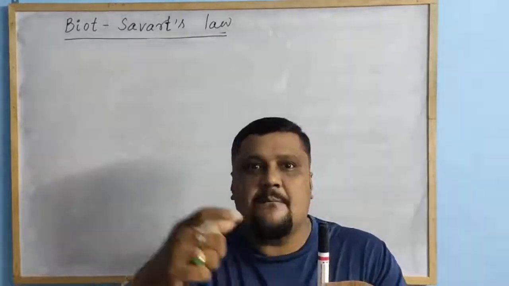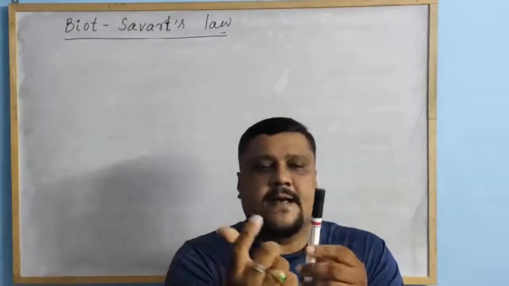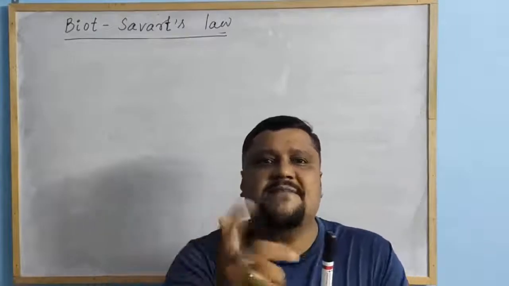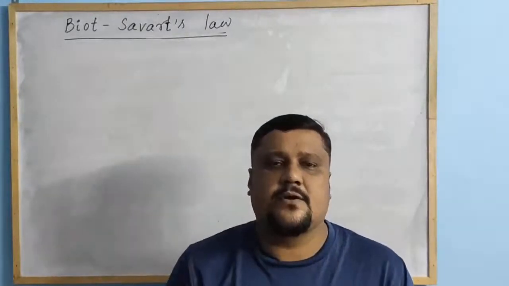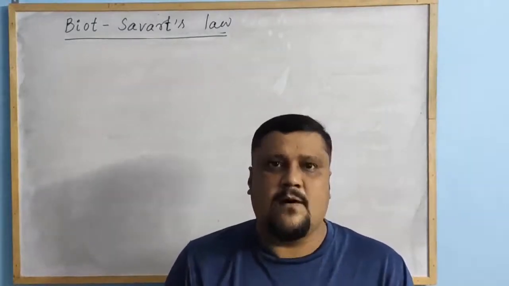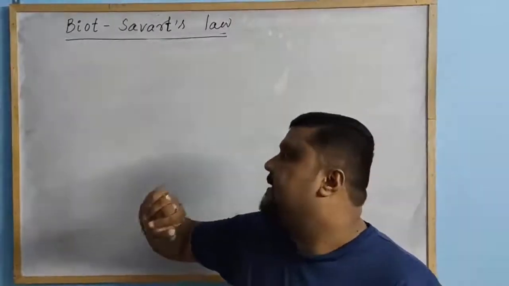If we place a compass needle near the current carrying conductor, it is deflected by the magnetic field produced by this conductor. Okay? Now, this is about your Oersted's experiment.